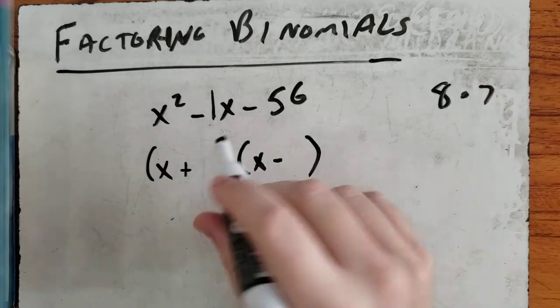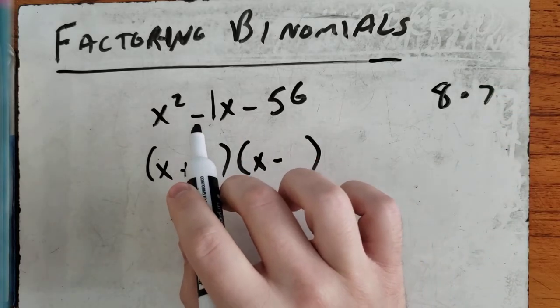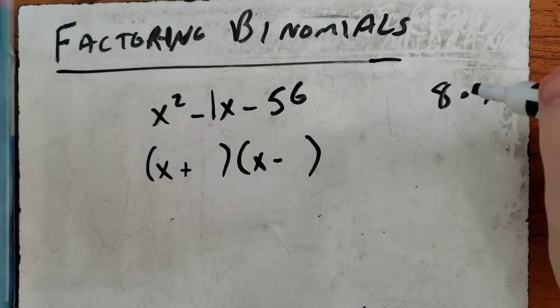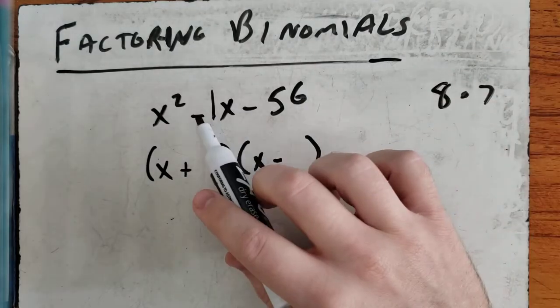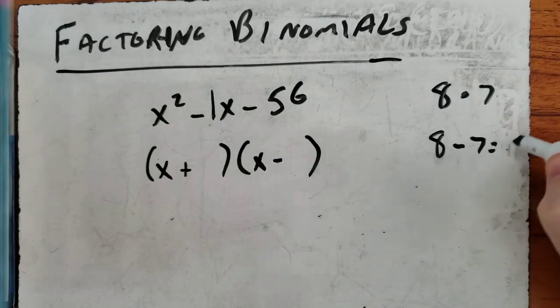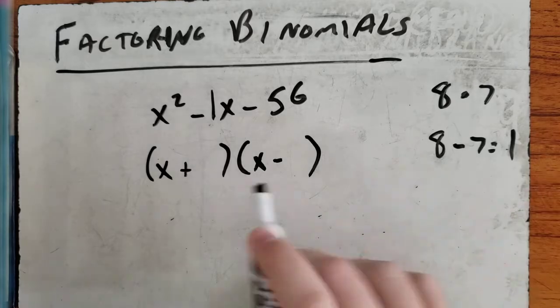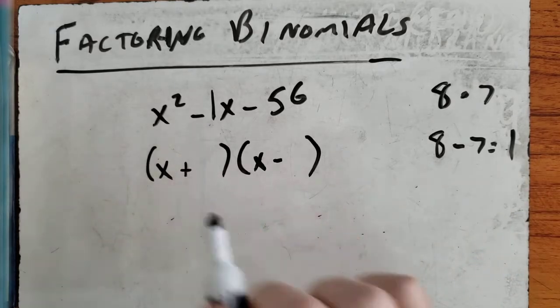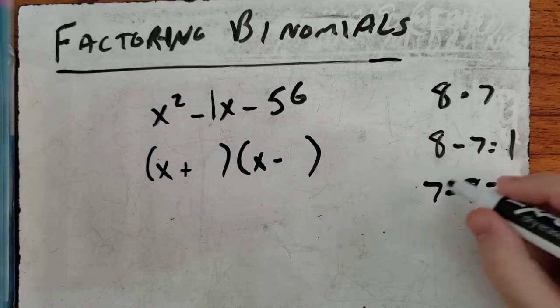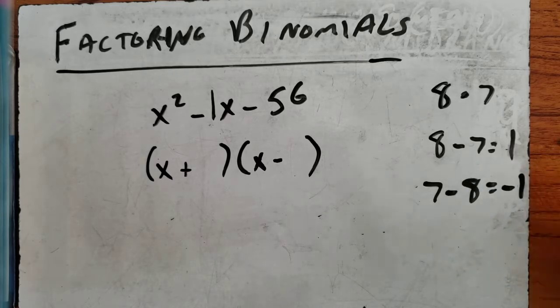Because look, your middle number here is a negative number. So it means you have to subtract these two numbers to get a negative 1. If we did 8 minus 7, we would get a positive 1. We need a negative 1. So if we flip it and do 7 minus 8, then we get a negative 1.